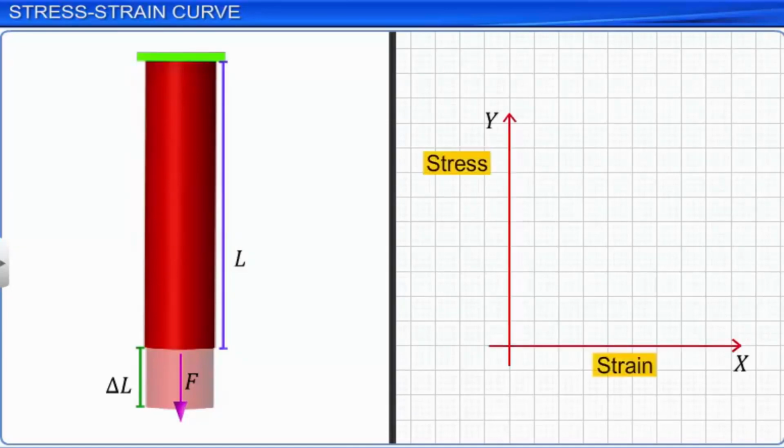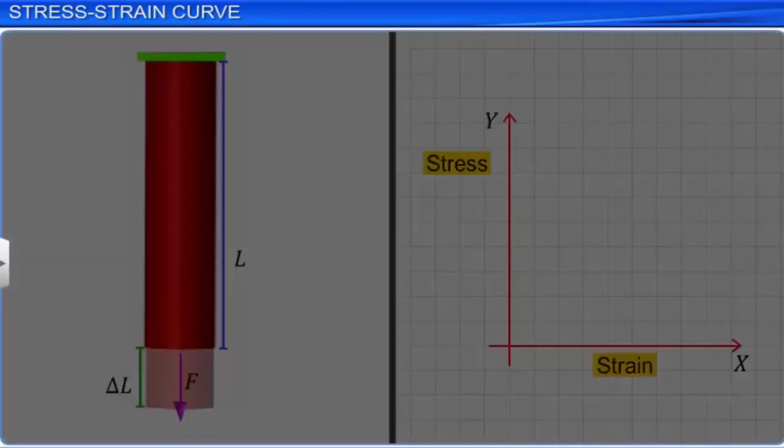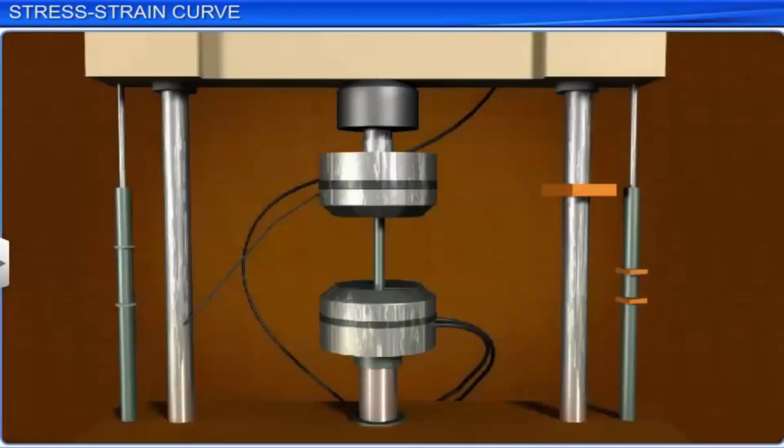This graph is called the stress-strain curve. In a typical experiment to study the relationship between tensile stress and strain, the material in the shape of a rod or wire is held fixed at one end. The other end of the rod is subjected to a load, which is increased in stages. The elongation of the rod is measured at each stage.